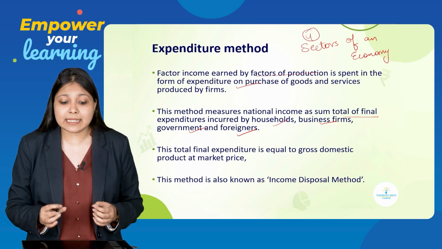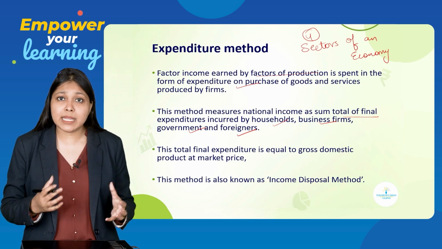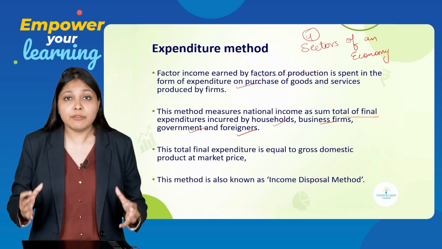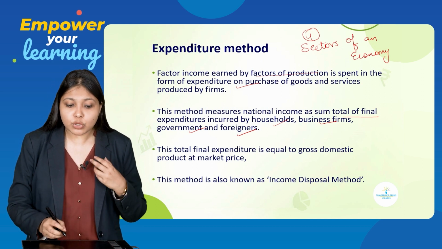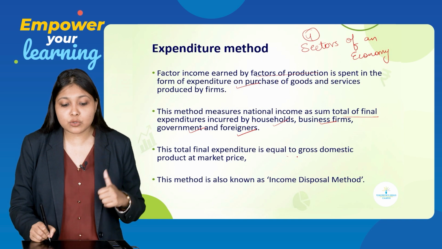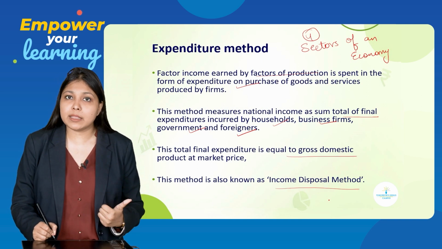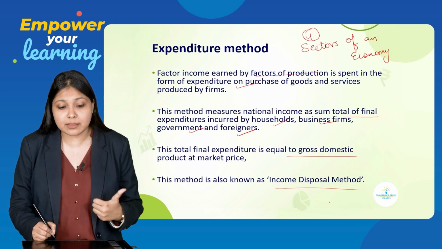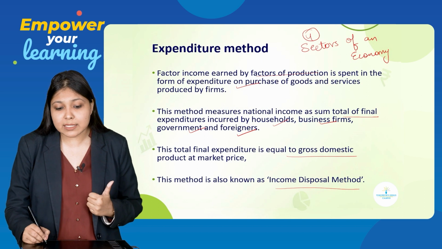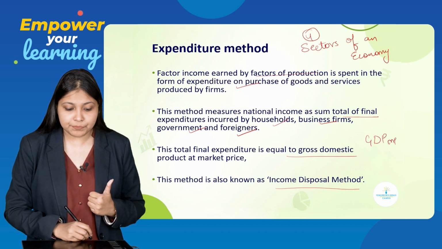So the expenses made by all 4 sectors will be included in this particular method. Total final expenditure is equal to GDP at MP. This is also known as the income disposable method. So the expenditure method is also known as the income disposable method, and the aggregate of the expenditure method is GDP at MP.